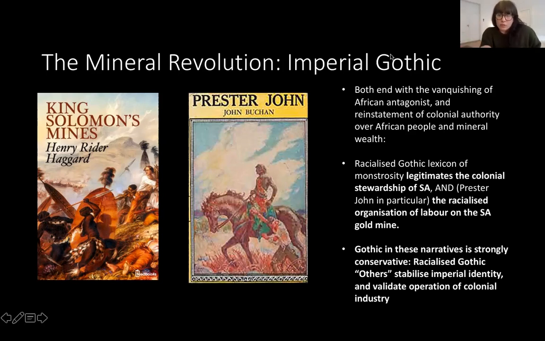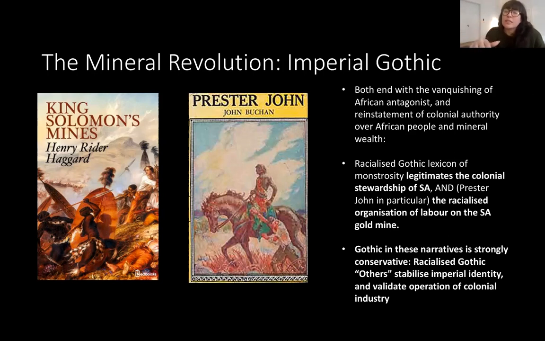So both of these novels end with the vanquishing of African antagonists and the reinstatement of colonial authority over African people and also over mineral wealth. So I realize I am going to really race through them. I'm not going to go into a huge amount of detail, but I'm just picking out the similarities.